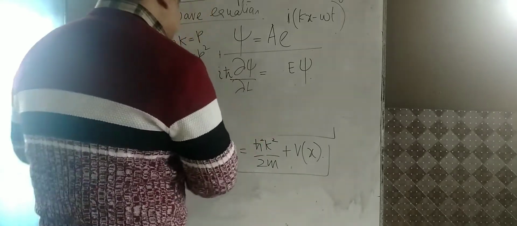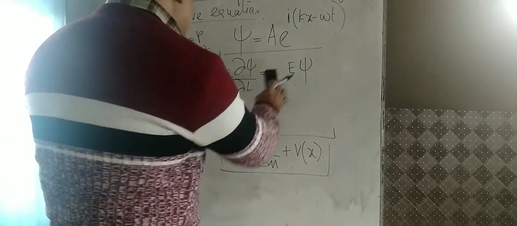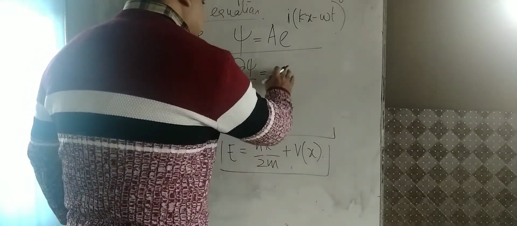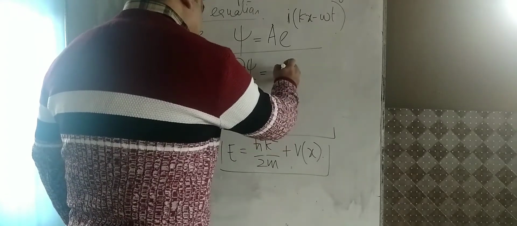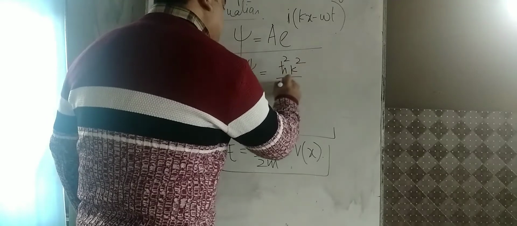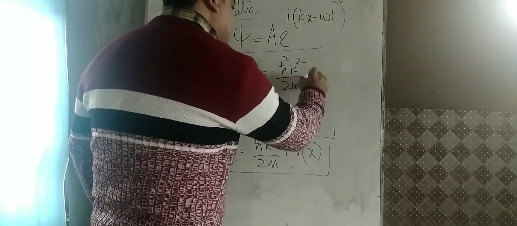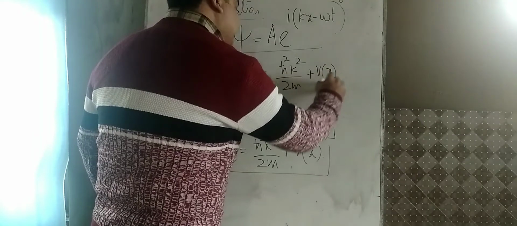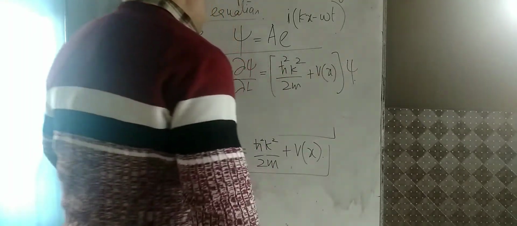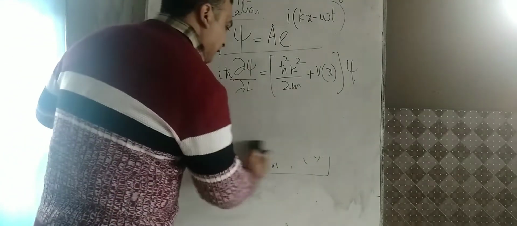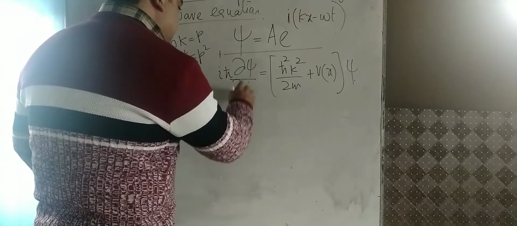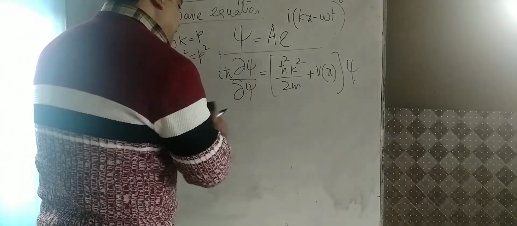If I use this here, E is h bar square k square by 2m plus V of x, multiplied by psi, and this is del psi upon del t.